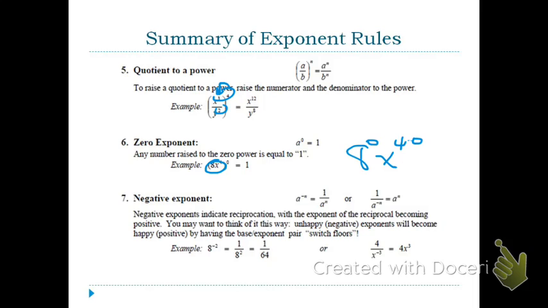But regardless, 8 to the 0 power is equal to 1. 4 times 0 is 0, so that would still be x to the 0 power, and that equals 1, and 1 times 1 is 1. So any way you slice it, when you see a 0 power, then you know it's always equal to 1.